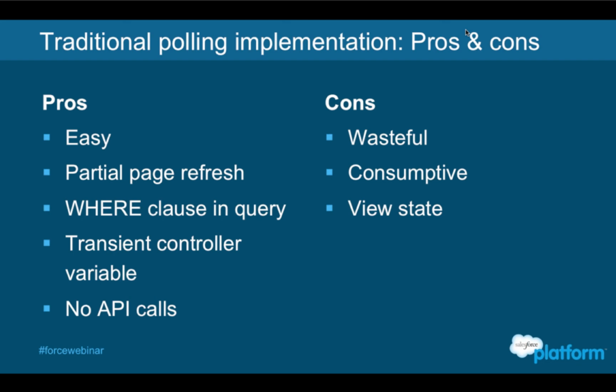So if the database query that's powering that page targets a really large object and the query isn't very selective, then you're really just doing lots and lots of work for something that might not even show anything new. So I'd say if you want to go ahead and use this approach, you really need to increase the polling interval to cut down on resource consumption, but realize if you do that, then you run the risk of missing important events that might come and go before a refresh happens.